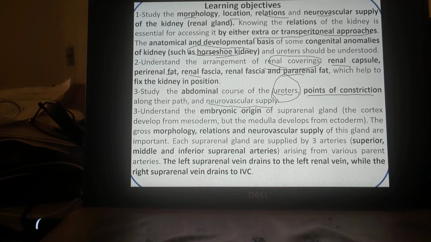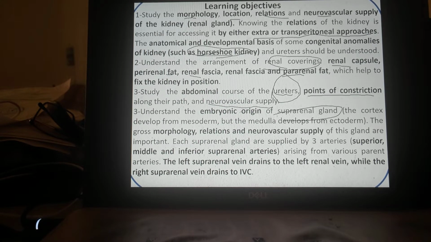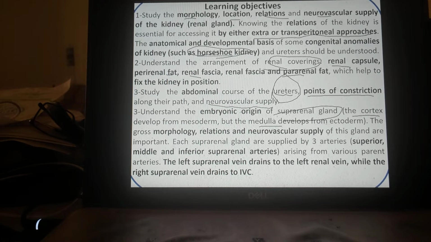So you have to study the suprarenal gland or adrenal gland. You have to know that it is embryologically from different sources: the cortex developed from mesoderm and the medulla developed from ectoderm.